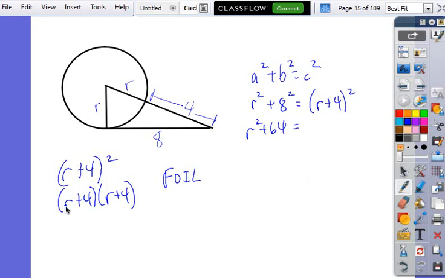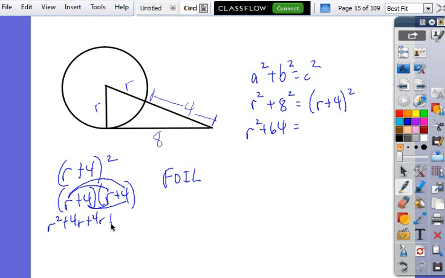What is r times r? r squared. The outside two. So I did the r times that one, and then I do the r times that one. What is r times 4? 4r. Then I do the inside two. So I take the 4 and multiply it by the second part. That's another 4r. And then I do 4 times that last 4 and get 16.